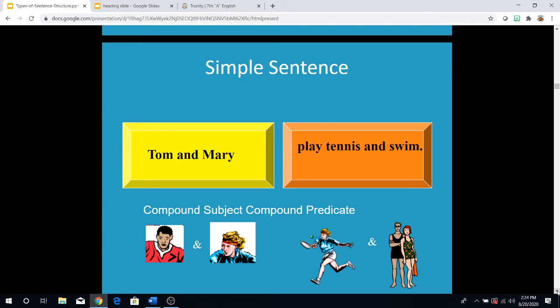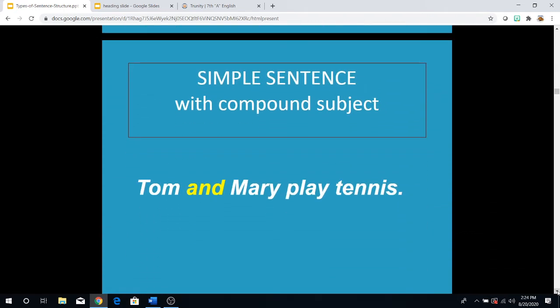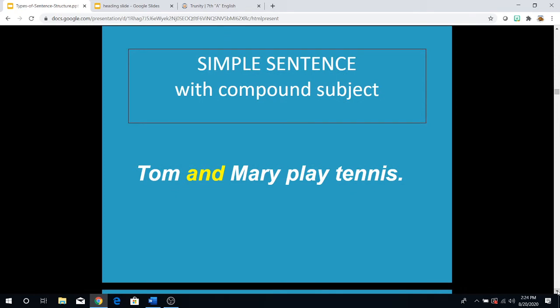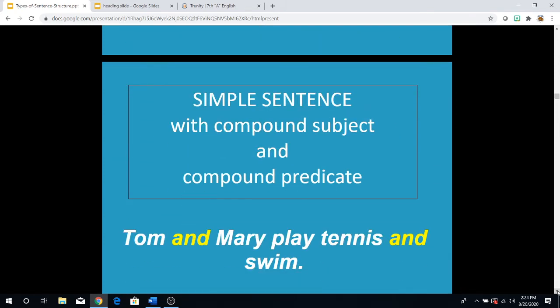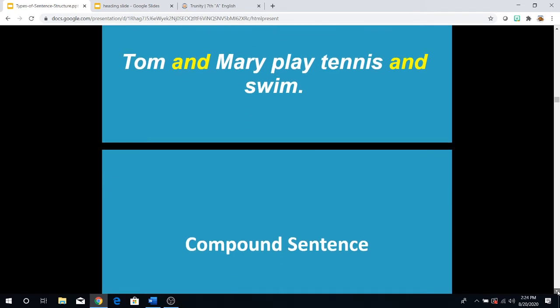So now you have a compound subject, which is Tom and Mary, and a compound predicate, which is play tennis and swim. Simple sentences with a compound subject. Tom and Mary play tennis. A simple sentence with a compound subject and a compound predicate. Tom and Mary play tennis and swim.